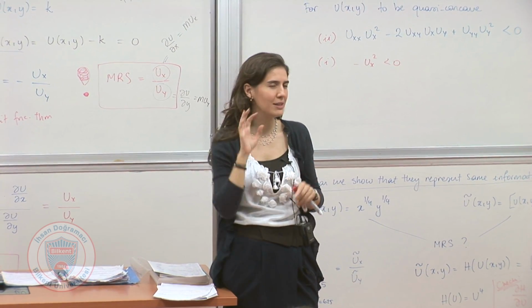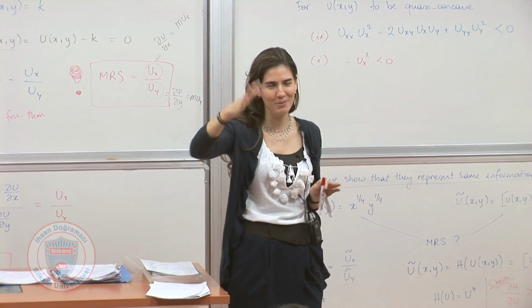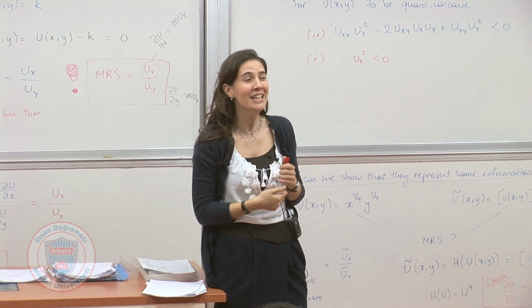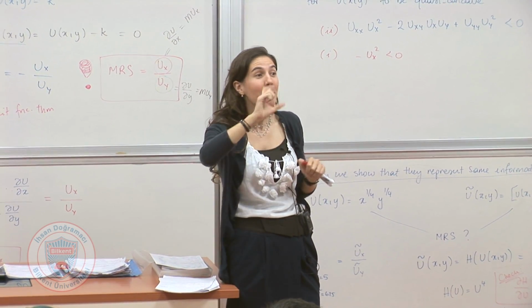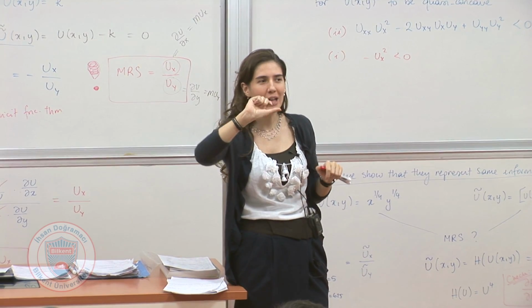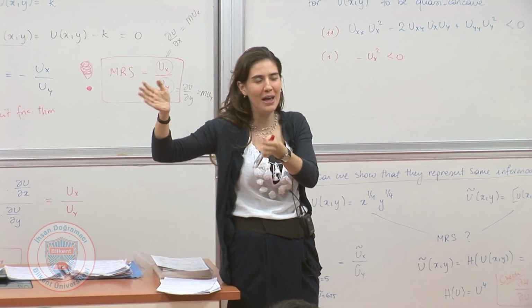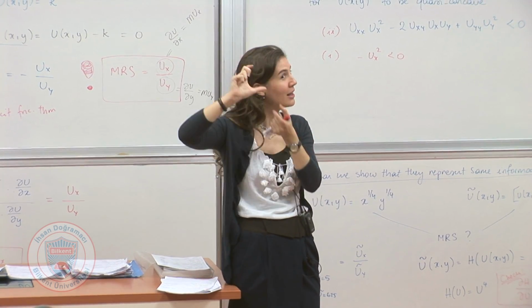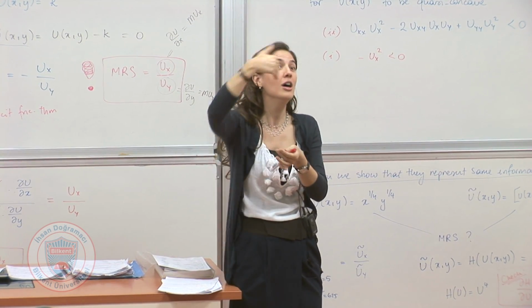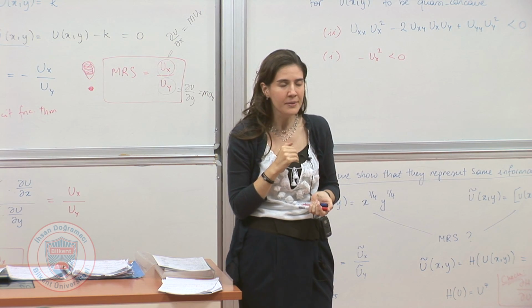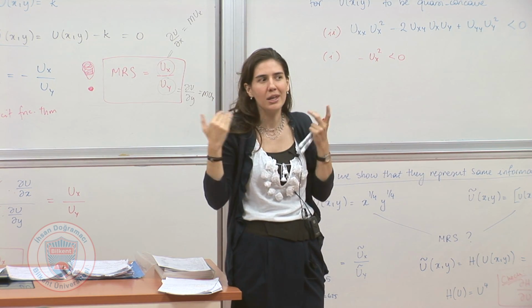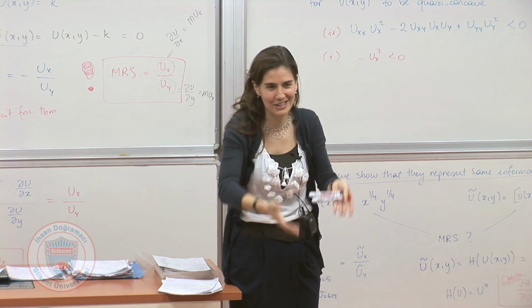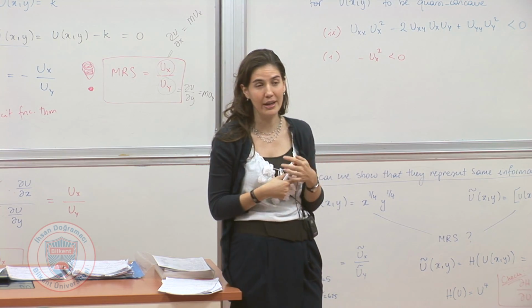There were some girls that kept saying higher and higher numbers as they kept eating, but eventually, hopefully for them as well, it's going to decrease. At some point the additional bar of chocolate gives you less utility. It might even be negative.